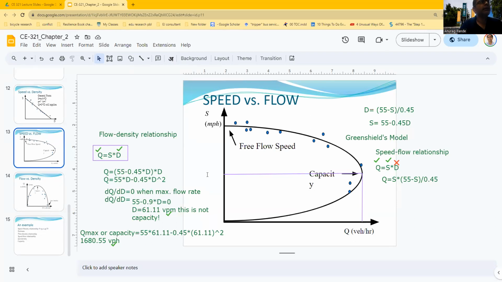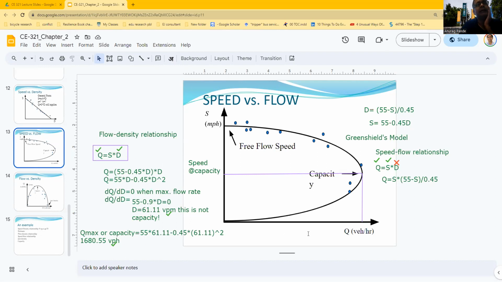So this point here is the speed at capacity.